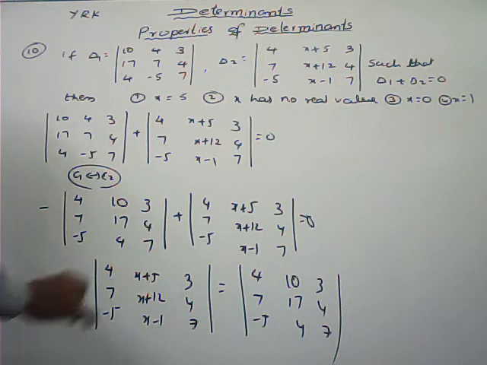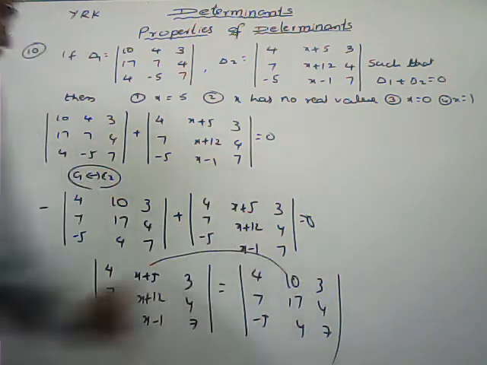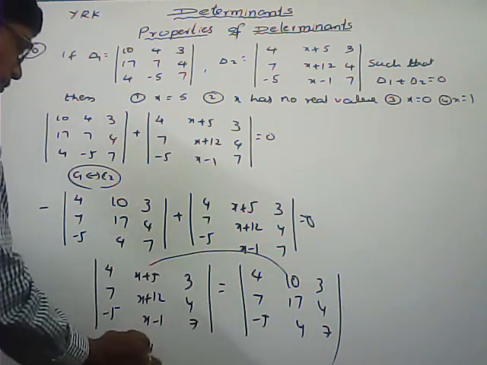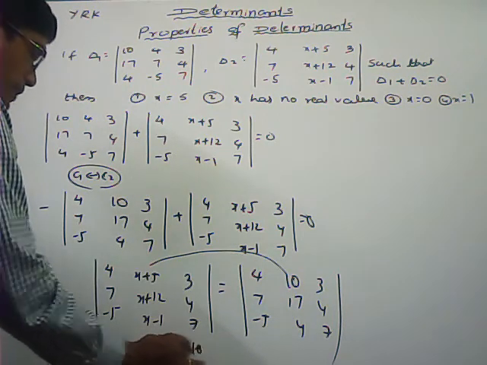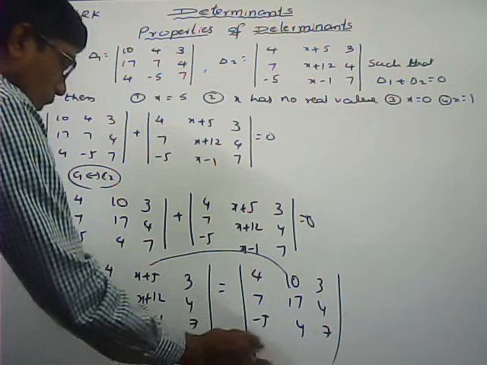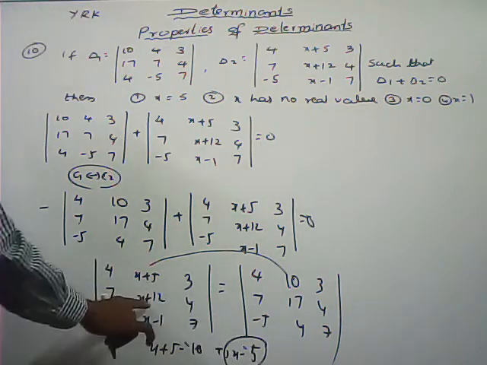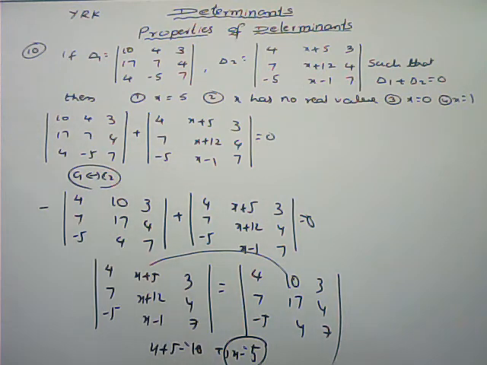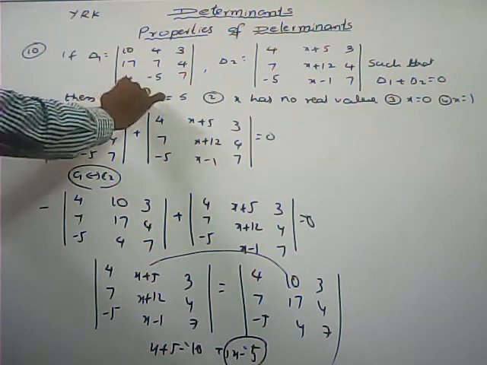If all the elements in the second column are also equal, then only the values of both determinants are the same. x plus 5 is equal to 10, x equals 5, x plus 12 equals 17, x equals 5, and 5 minus 1 is 4. Then the value of the left hand side determinant and the right hand side determinant, both we can get the same for x equals 5. So first option.